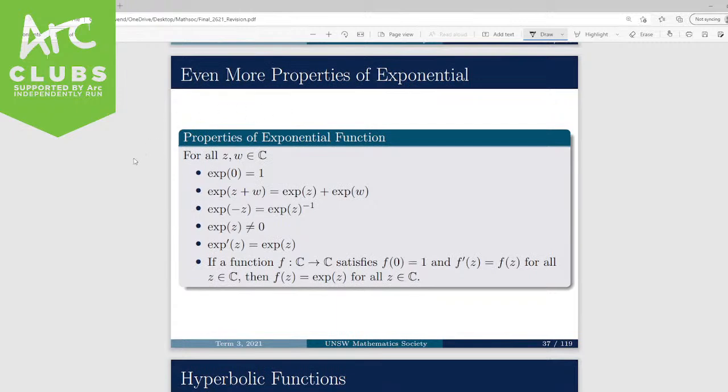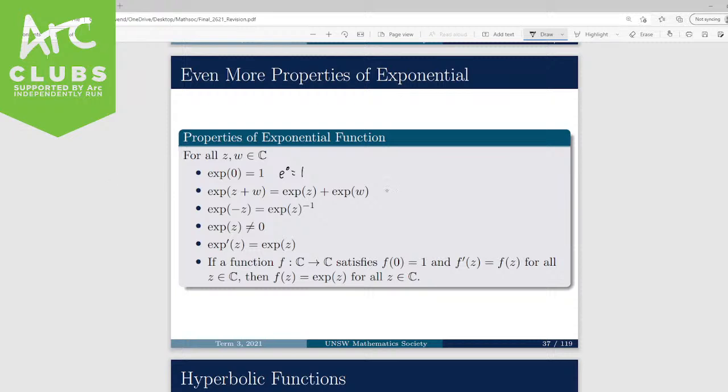Now I just shoved all these properties on a slide because hopefully most of these you should somewhat vibe with already. Doesn't really need to be pointed out, like the first one: e to the power of 0 is 1. A lot of these have their own real counterpart, and a lot of these don't change.